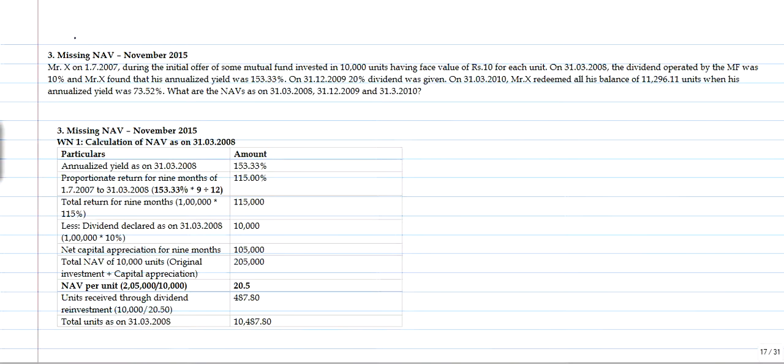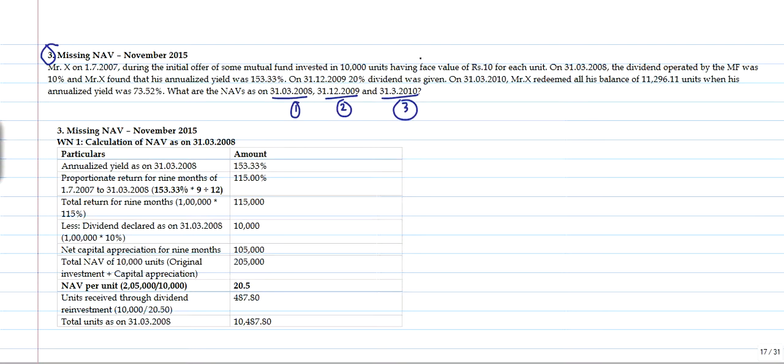Missing NAV. Third question, missing NAV. We have to calculate the NAV of the 3 years, 2008, 2009 and 2010, as on 31st March. Mr. X on 1st July 2007, during the initial offer of some mutual fund, invested in 10,000 units having face value of rupees 10 each.